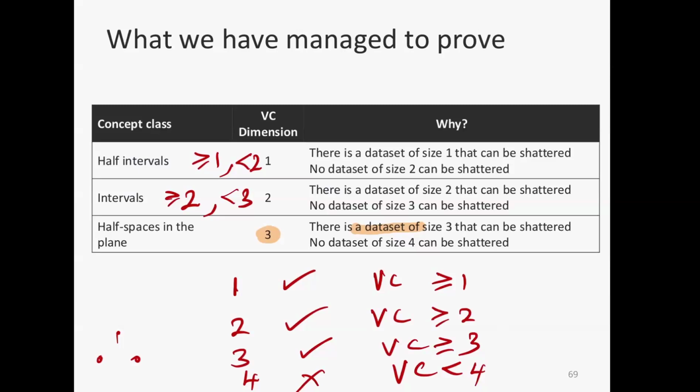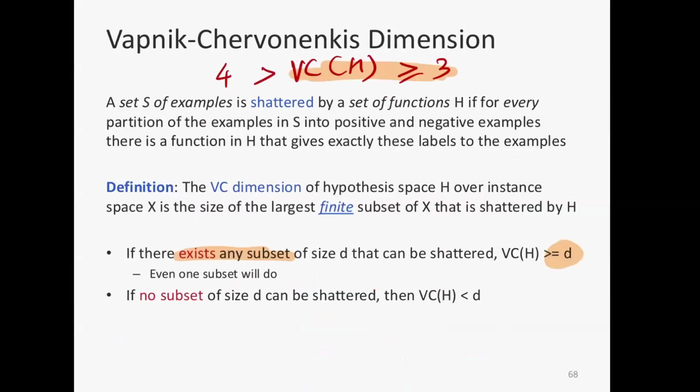That's the most common confusion. Look at the definition. It's the size of the largest finite subset of X that can be shattered. That means all we need is one subset of that size. I say subset because it's a subset of the instance space. If there exists one subset of that size that can be shattered, then the VC dimension is at least that big by definition.